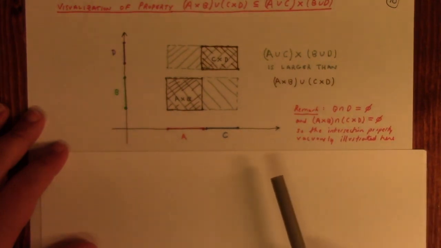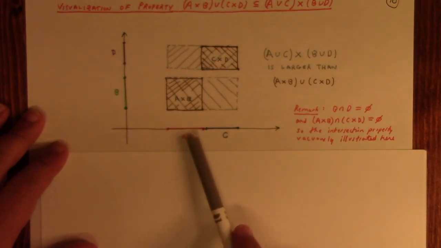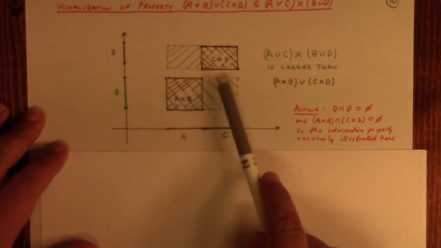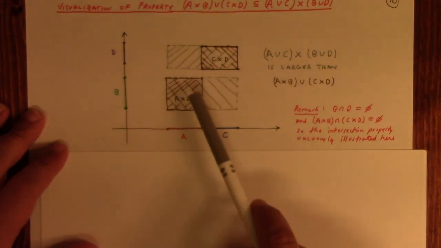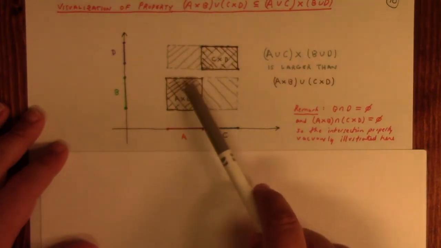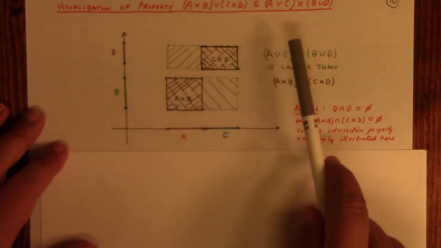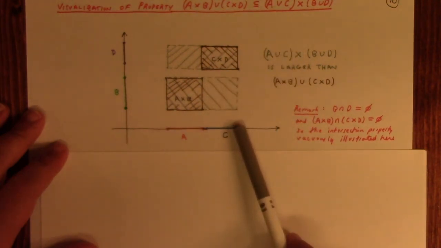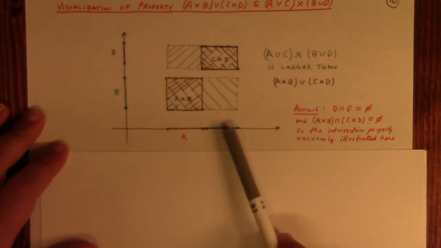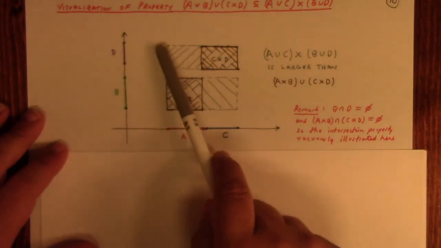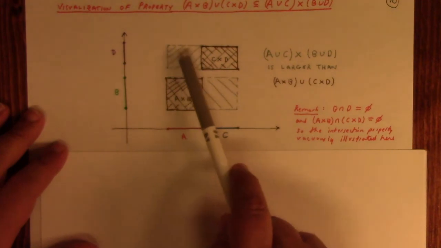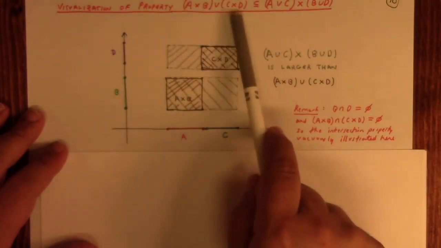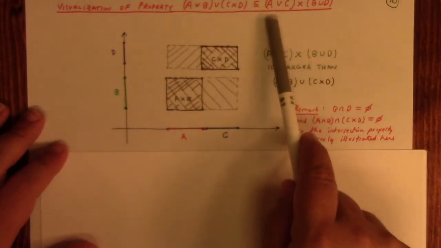Anyway, if we look at this, A cross B would be like this, C cross D would be like that, and when you look at the union of these two, it's strictly smaller than A union C cross B union D. That's this whole gray area. So there are these two regions which are not present in that union, which are present in this Cartesian product.